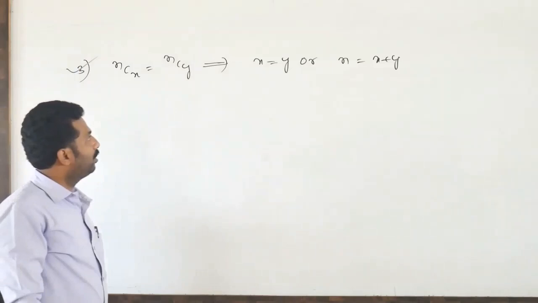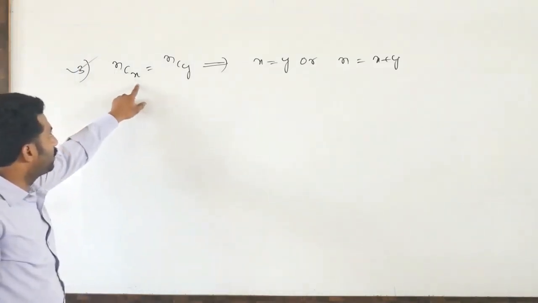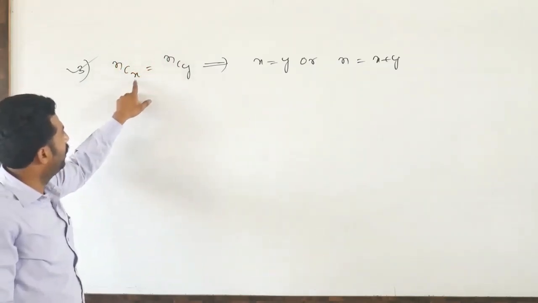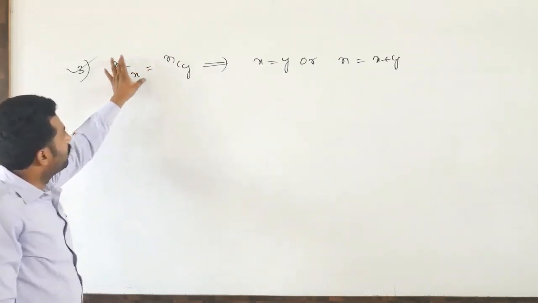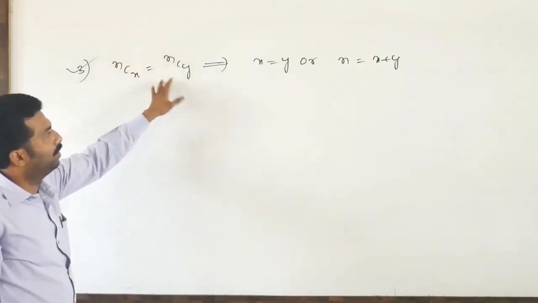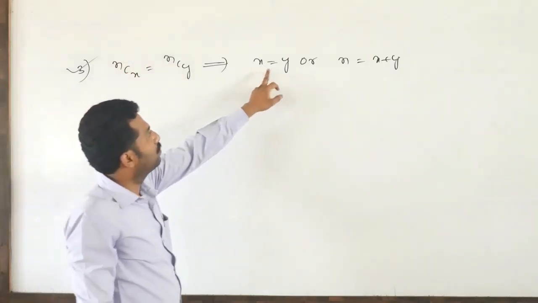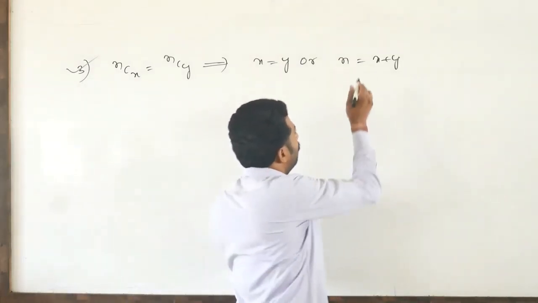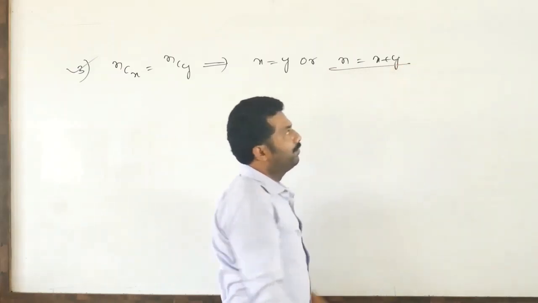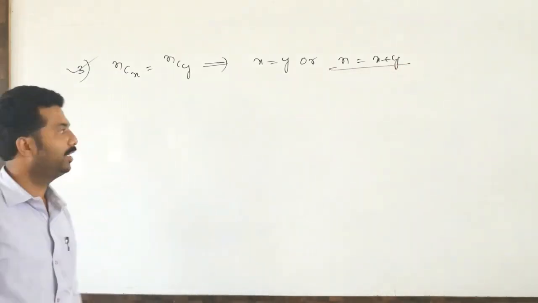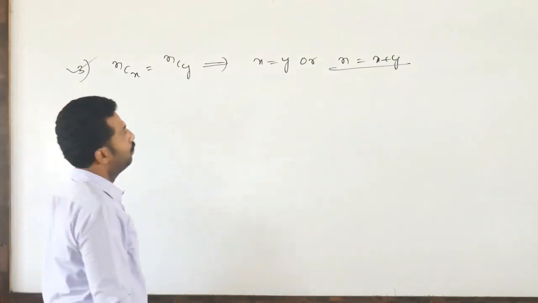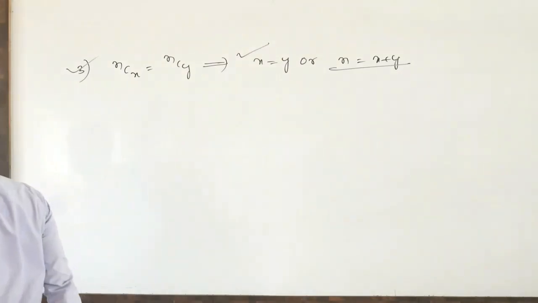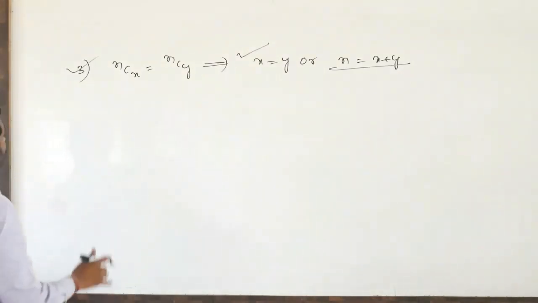In this third property, observe: if nCx equals nCy, both are equal when either the two suffixes are equal, that is x equals y, or n is equal to the sum of the two suffixes, x plus y. So this is the property. Based on this property, we will see one application.